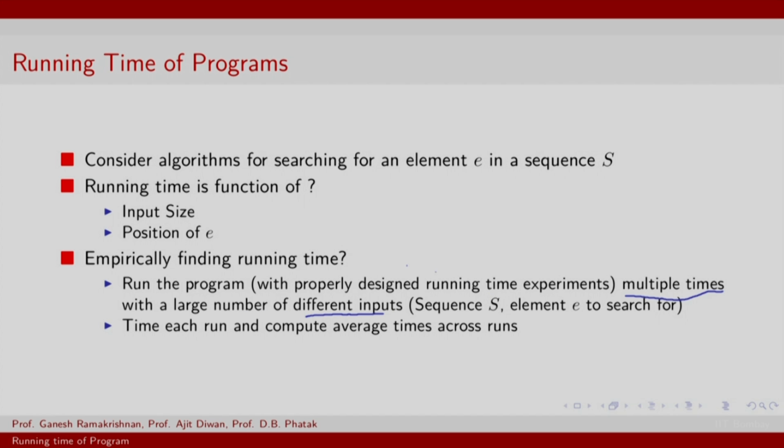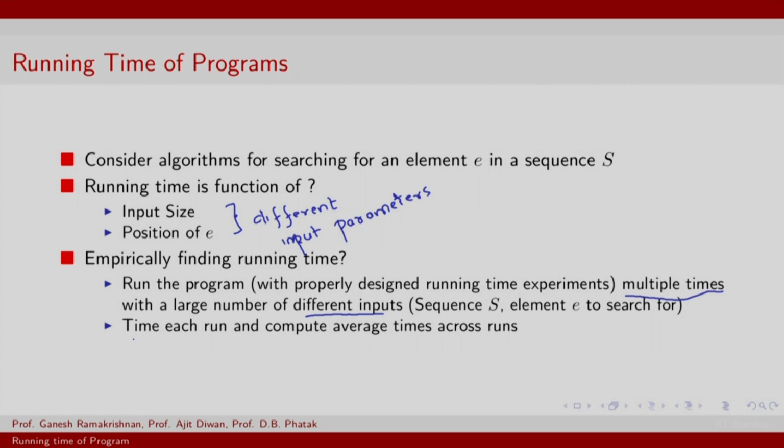What is the difference in the inputs? Well, with change in the input size and position of E, you will have different inputs. So these two are the different input parameters we could consider.